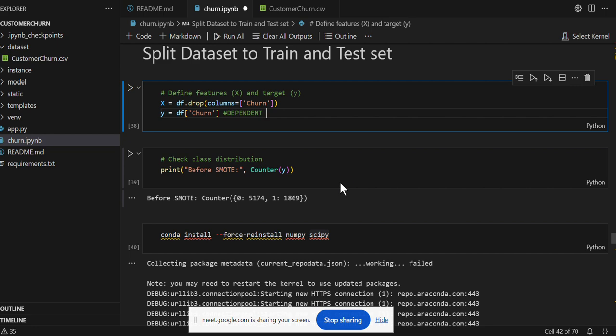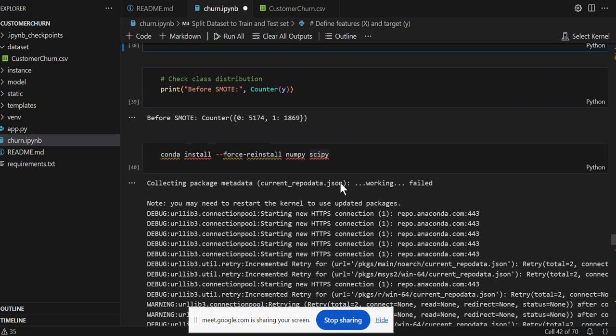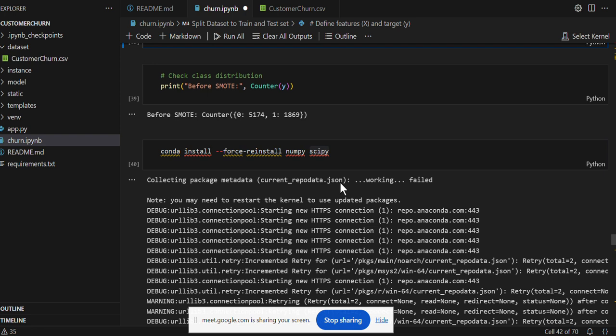Okay. So now we want to apply our counts. Look at how we are using our counter to check the statistics of the number of churn and not churn, before we apply SMOTE. For the class of 0, which is no churn, we have 5,174 records.